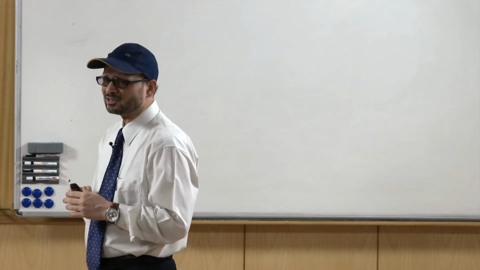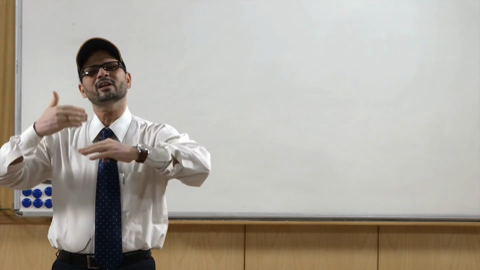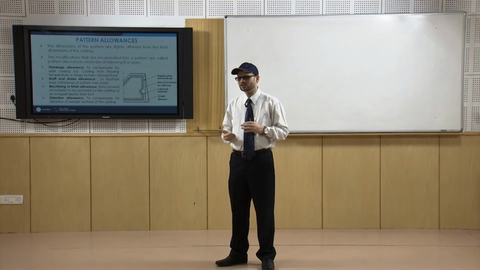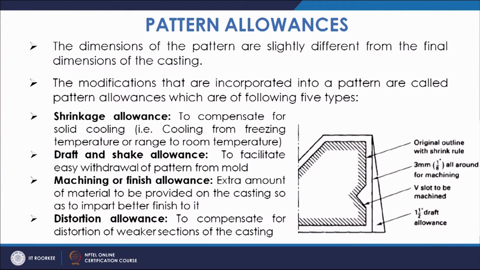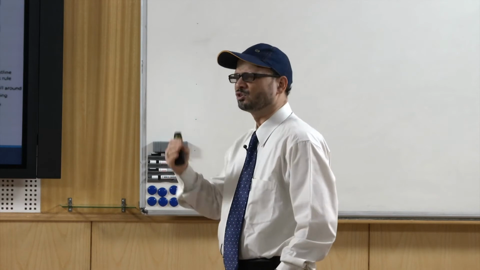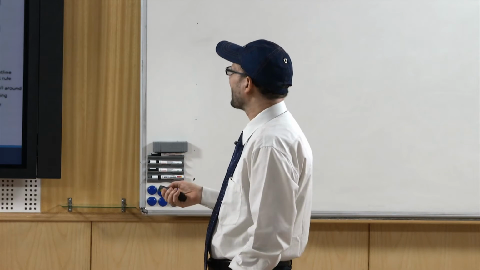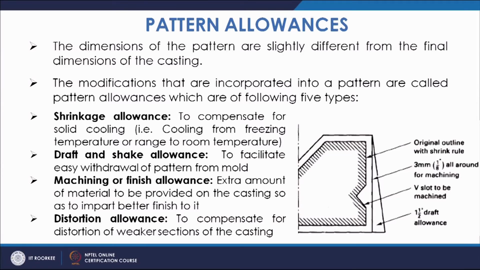Now, that depends upon what kind of molding methods or pouring methods we are using, and that will dictate what kind of allowances you need to provide. The shrinkage allowance compensates the shrinkage which occurs because of the decrease of temperature of the molten metal during solidification. Draft and shake allowance is related to the withdrawal of the pattern from the mold.